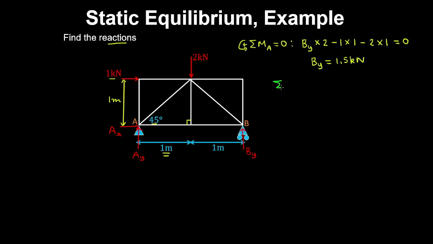And now we can take a vertical sum of forces, so that's equal to 0, with upwards being positive, to find AY. So we add By and minus 2 kilonewtons. Therefore AY is 0.5 kilonewtons.